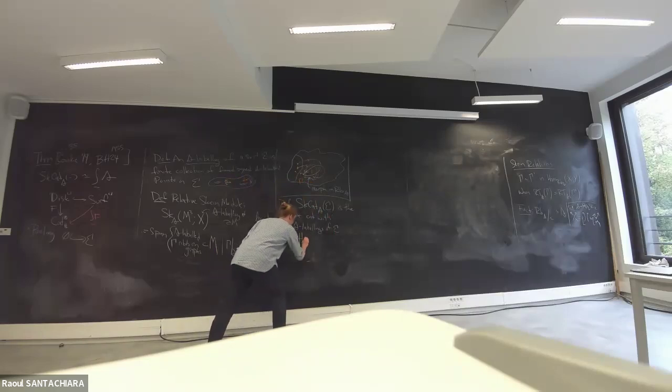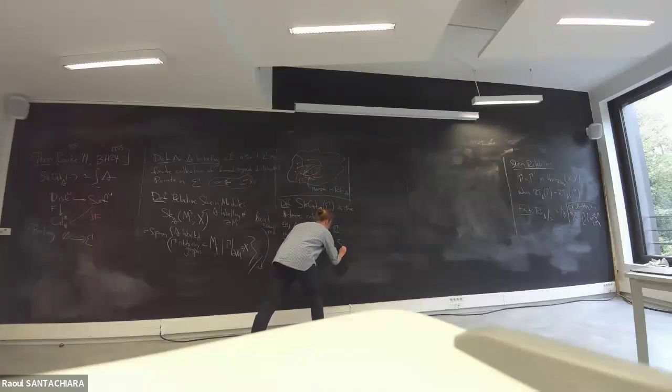Well, I'll just say what the Hom spaces are. So the Hom spaces between X and Y, these labelings, is going to be the relative Skein module of the thickened surface, where I put X on one boundary and Y on the other boundary.